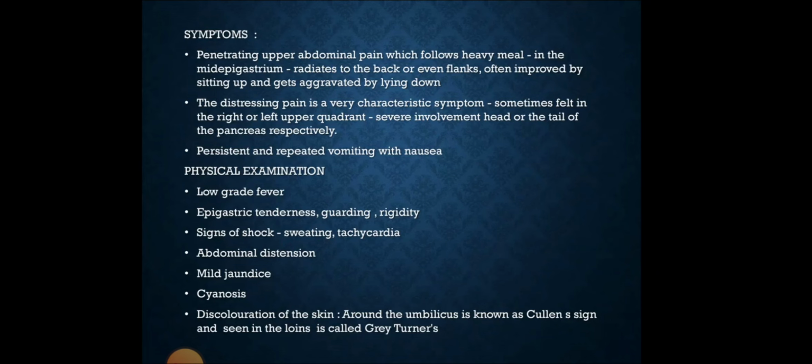So these two signs are important in this context. That is acute pancreatitis, especially in the hemorrhagic pancreatitis, this Cullen sign and Grey Turner sign will be present. Cullen sign means the discoloration of skin will be around the umbilicus, and Grey Turner sign, it will be seen in the loins.